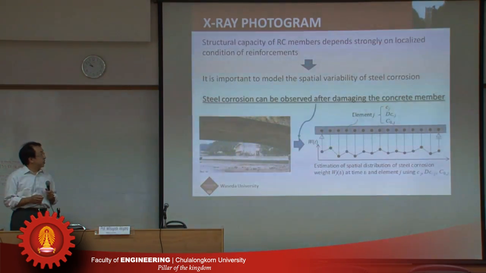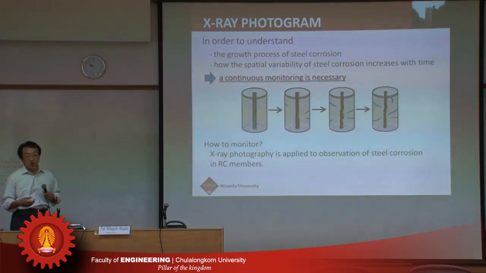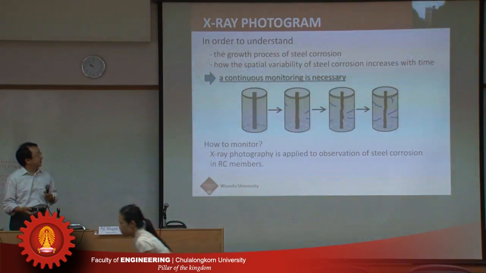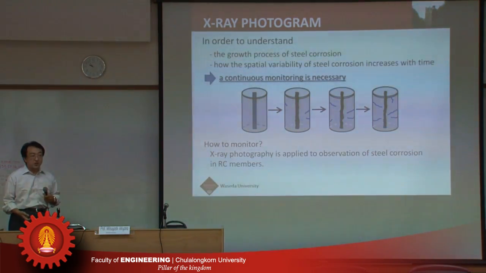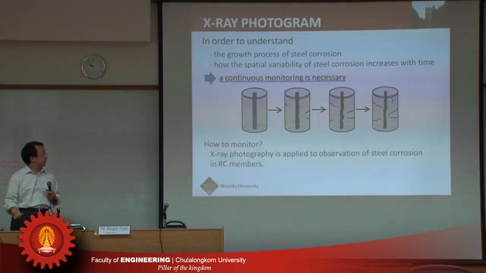However, steel corrosion can only be observed after severely damaging the concrete members. So in order to understand the growth process of steel corrosion and how the spatial variability of steel corrosion increases with time, continuous monitoring is necessary. But how can we monitor?